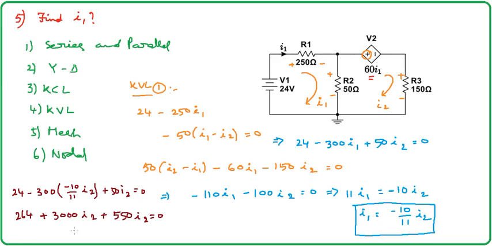So I2 is equal to minus 3550 divided by 264. Minus should come. Yes, this is the answer.